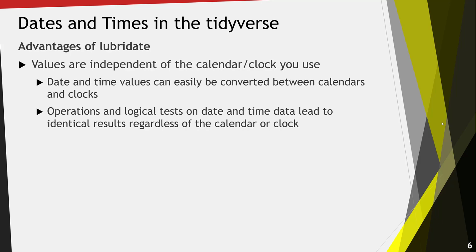Importantly with Lubridate, the values stored in dates, times, and date times are actually independent of the specific calendar or clock you're using. That makes it easy to convert date and time values between different calendars and different clocks or different time zones. And operations or logical tests on date and time data lead to identical results regardless of the calendar or the clock that's used to encode a specific value.